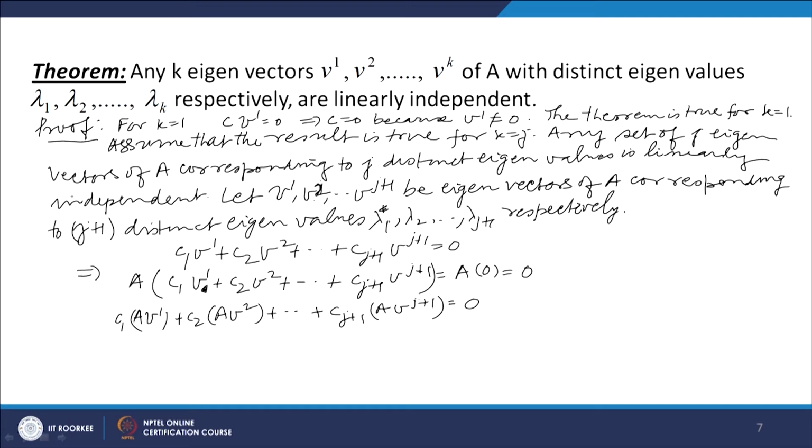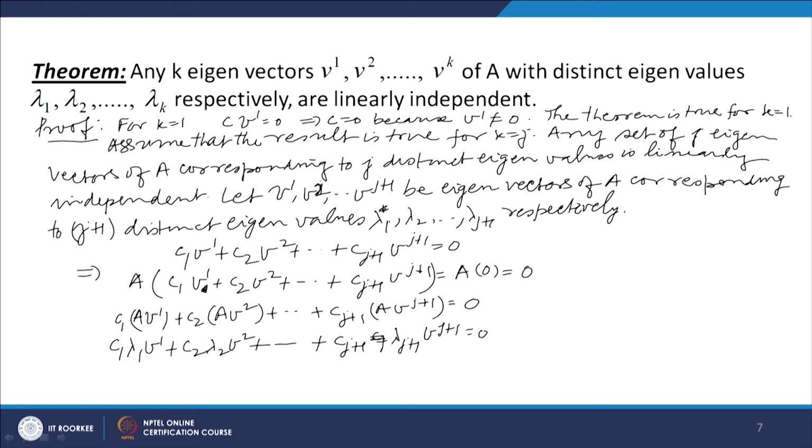And since b1, b2, bj plus 1 are eigenvectors of A corresponding to eigenvalues lambda 1, lambda 2, lambda j plus 1, A b1 will be lambda 1 b1, this will be lambda 2 b2 and so on, this will be lambda j plus 1 bj plus 1 equal to 0.